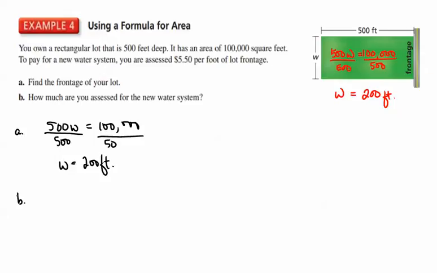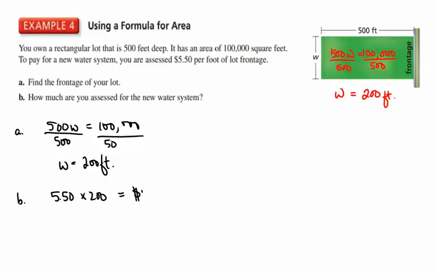Question B would say, how much are you assessed? Well, you're assessed $5.50 for every foot of lot frontage. So we would say that it's 5.50 times 200.